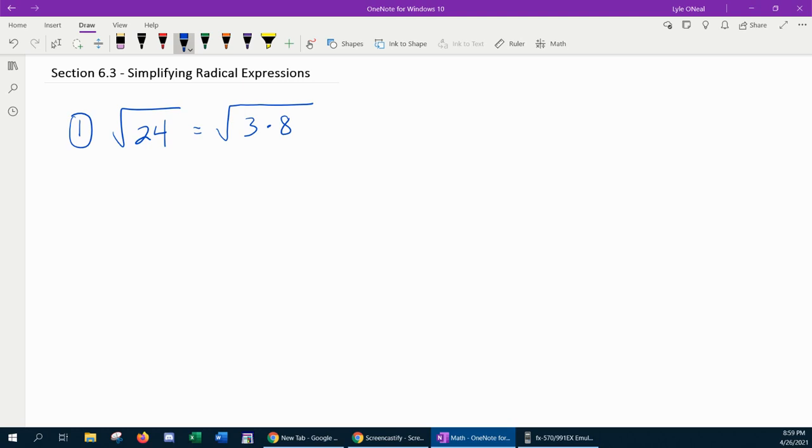So neither one of these are squares, and so we keep going, and eventually you'll arrive at 4 times 6. So 4 is a perfect square.